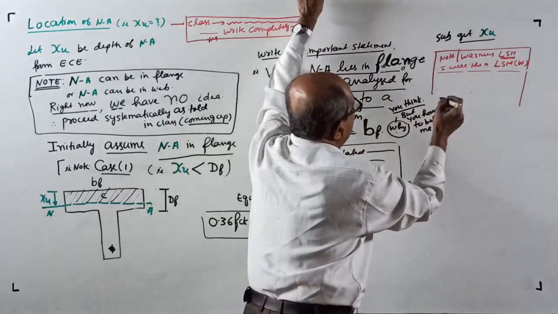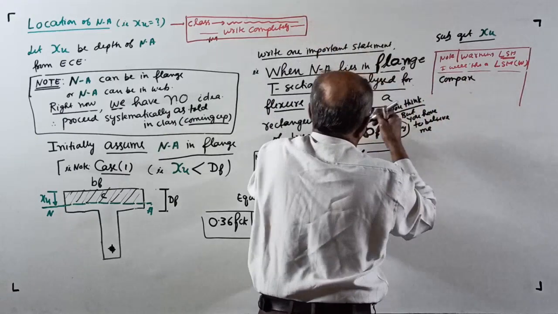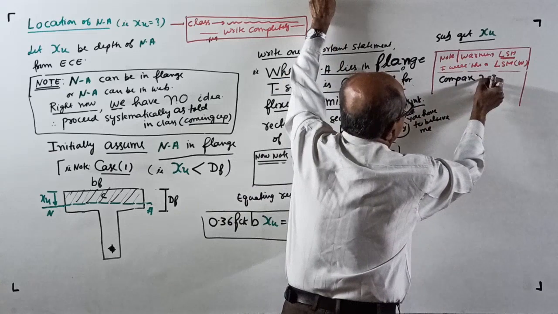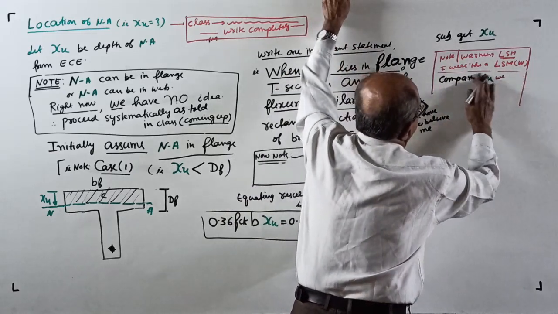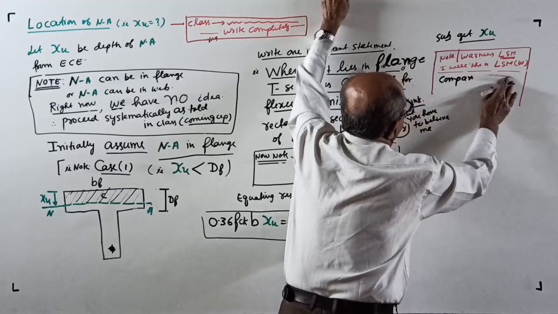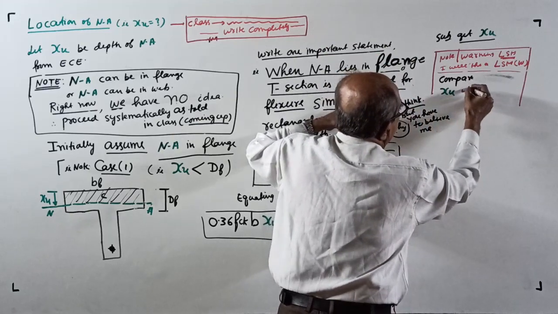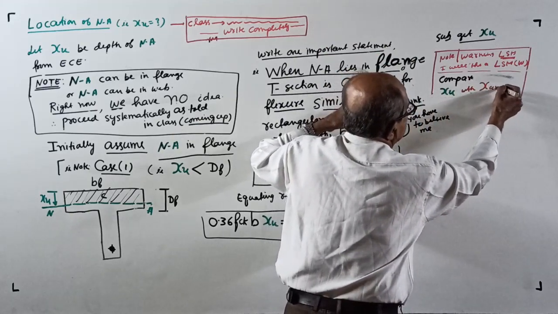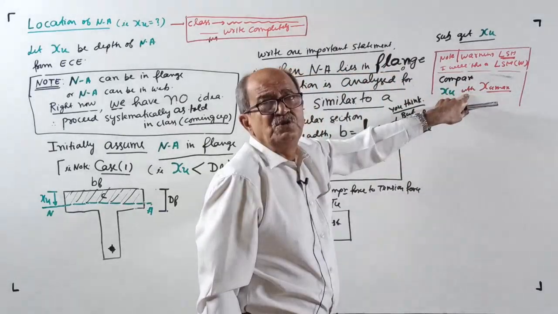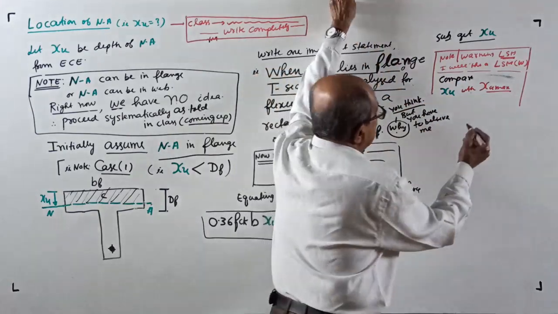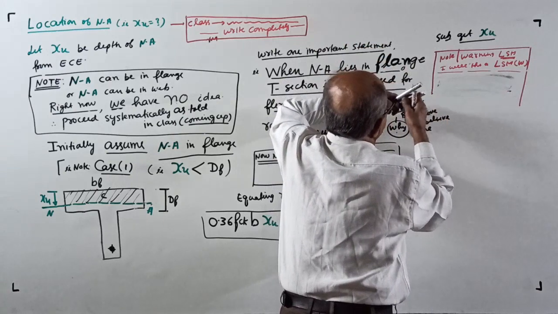Only note, see, compare whatever xu you got, your xu, with, okay, there is no place there, I write this side. Compare whatever xu you calculated with xu max. Make a note. You already know xu max by d, so get xu max. First get it.